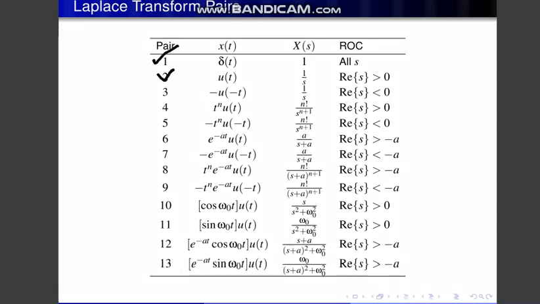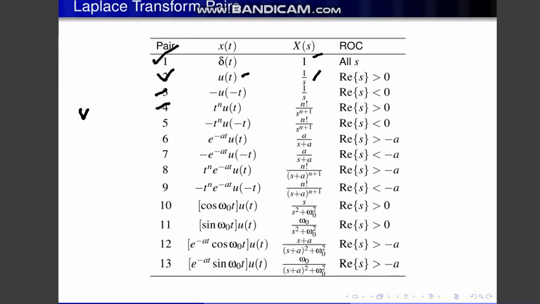Delta t is 1, that's the unit impulse. u(t) is 1 by s, minus u(minus t) is 1 by s, and t to the power n u(t) is n factorial divided by s to the power n plus 1.